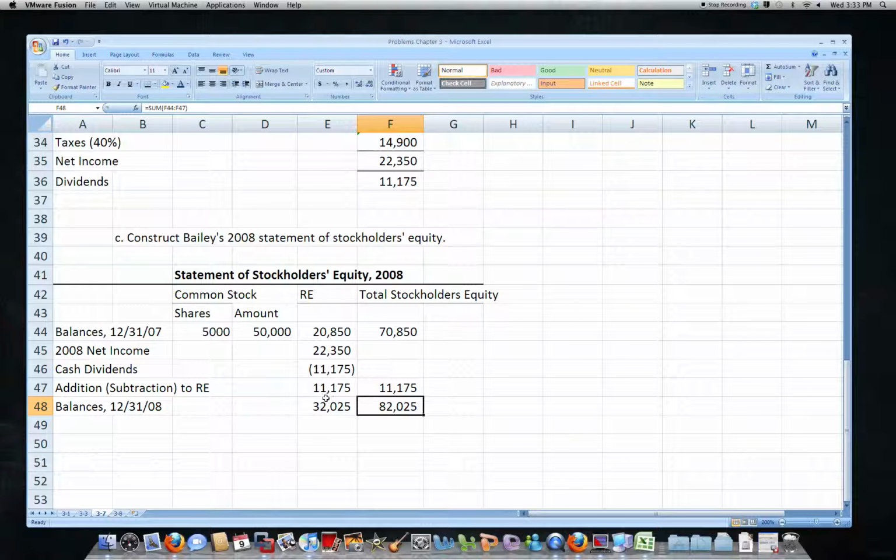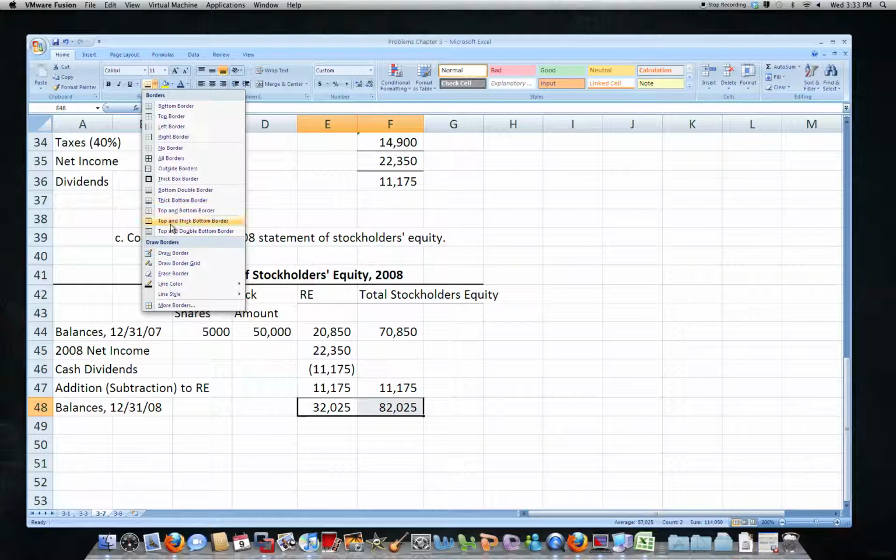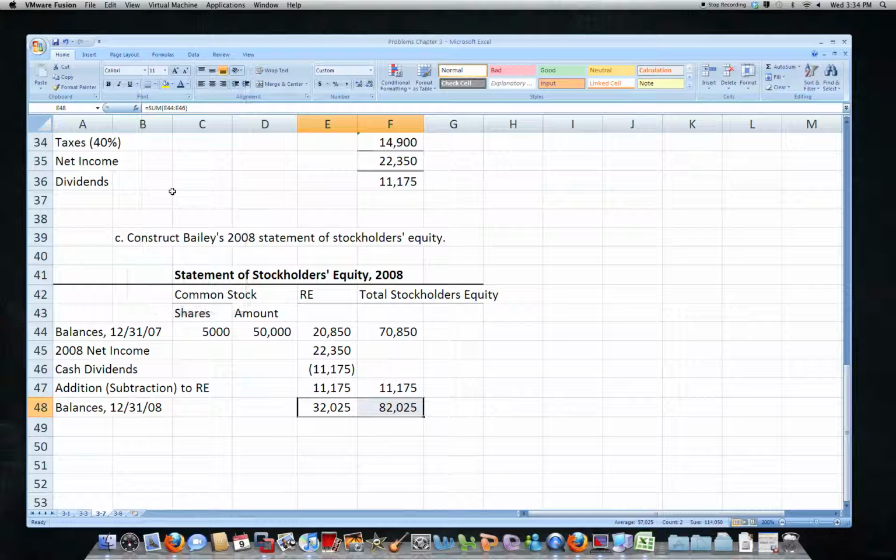So there we go. Now let's make it look a little nicer. Let's put an underline, and here we'll put double underlines. And there we go.